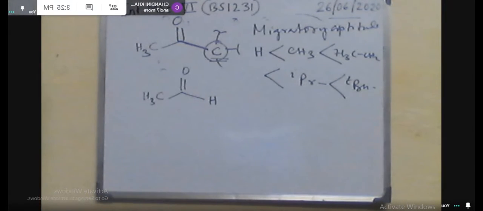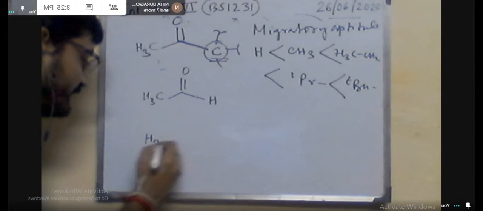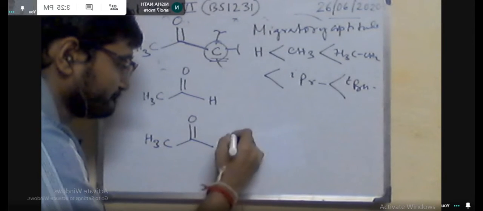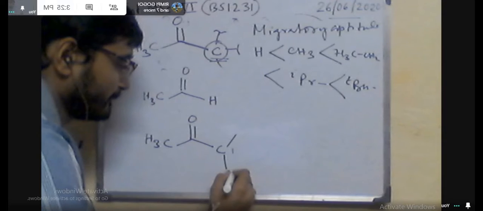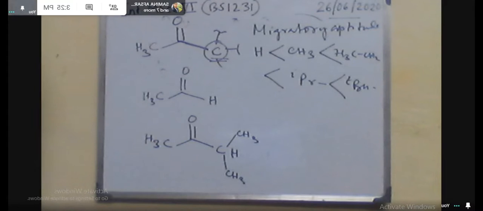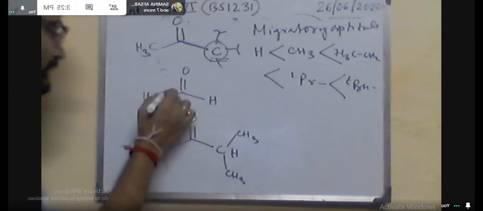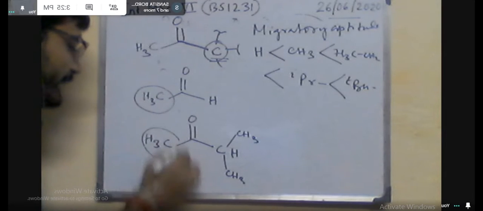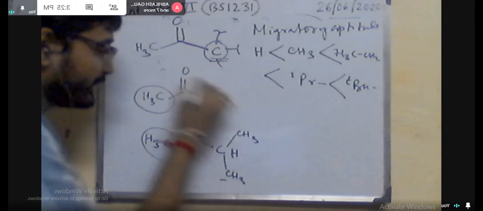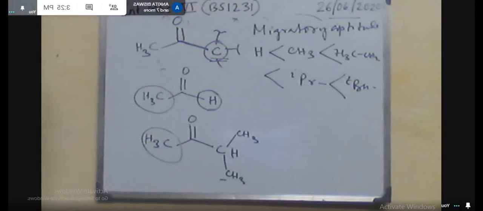So in this case you can see I have kept these two groups fixed, I have changed only this one. Here you can see this is the hydrogen and here you can see it is the methyl. Now see the migratory aptitude order, that means hydrogen is having the least migration property than the methyl. So if we perform the Baeyer-Villiger oxidation, here this hydrogen will not be migrated, methyl will be migrated. So the product you will get CH3, and if this is the migrated, it will attach to the oxygen in the OR group.